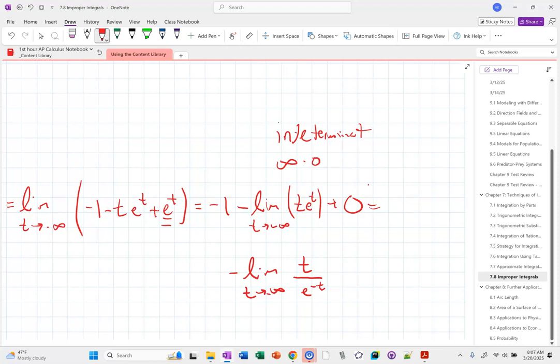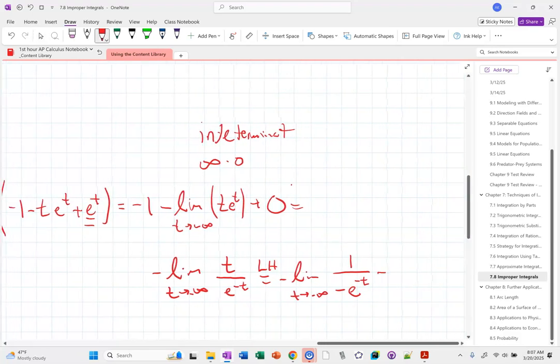So I could do that. If I L'Hopital that, everybody feels okay, which is just going to be 0, right?